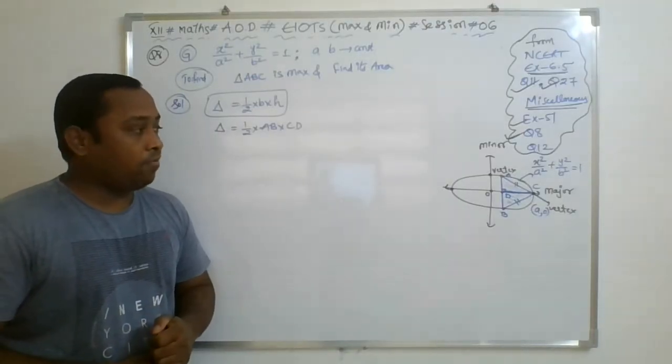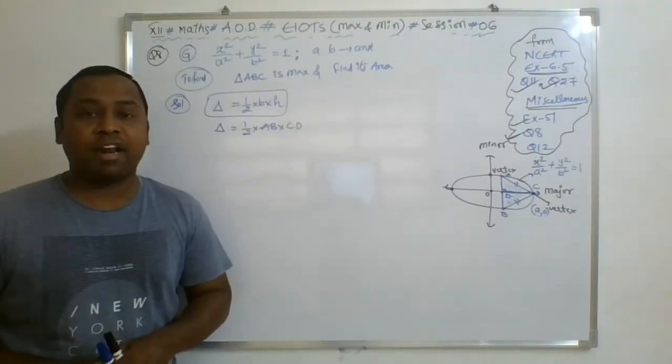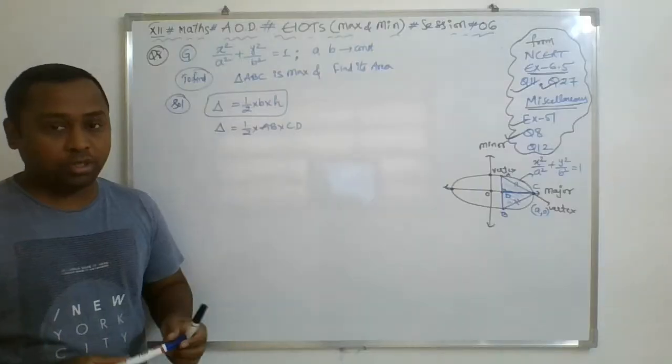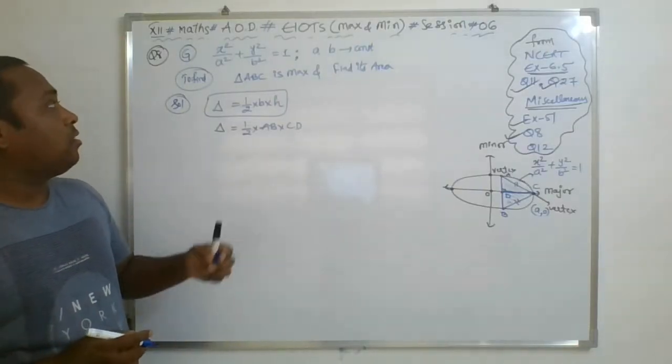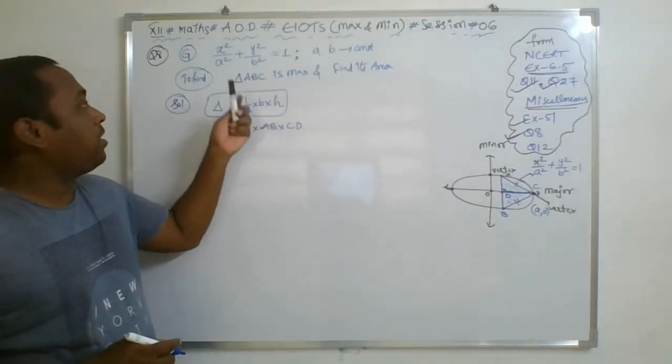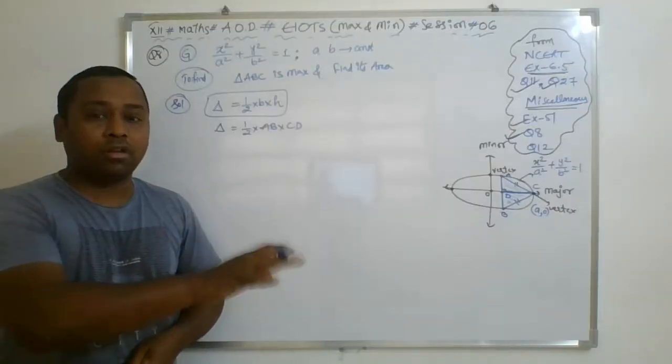Okay, so for that, I am taking the help of the parametric form of the equation. Parametric form of the equation means that for a point, x and y are expressible in terms of a third variable.